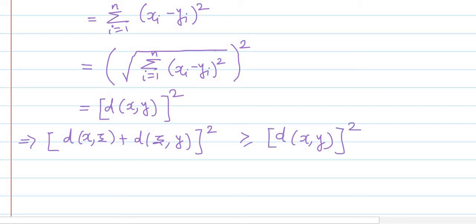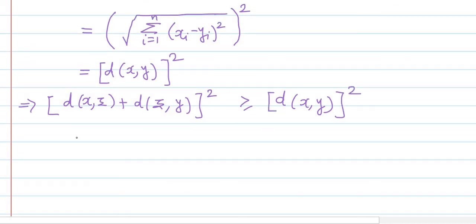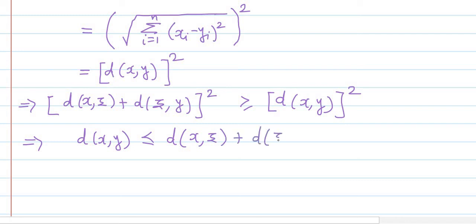Now the same thing can be written in our regular form as d(x,y) is less than or equal to d(x,z) + d(z,y), and this is our required triangle inequality.